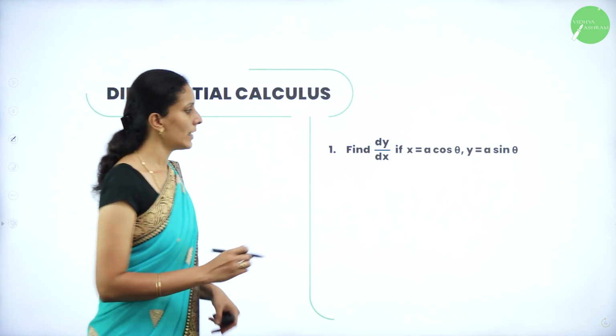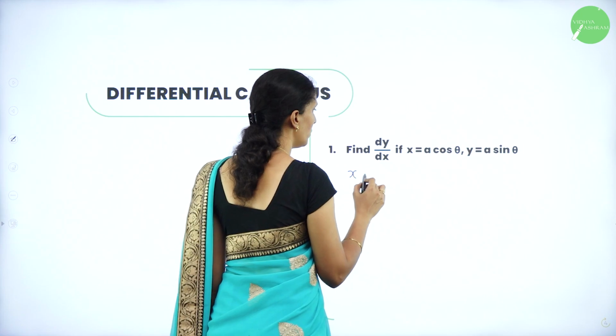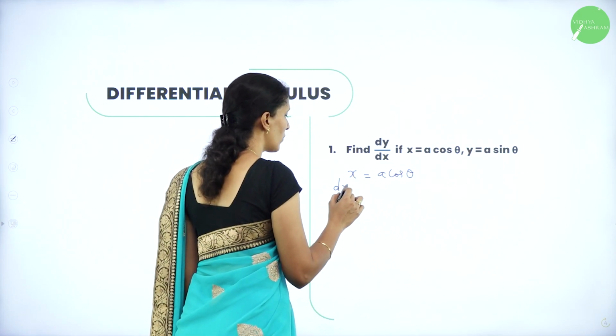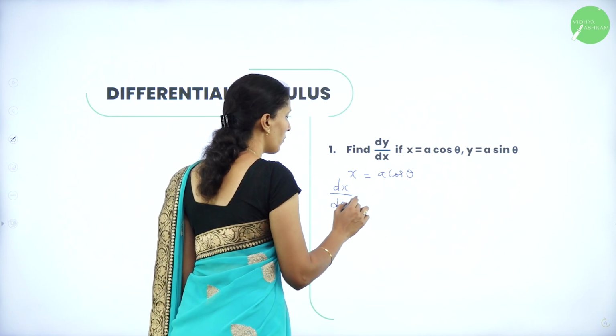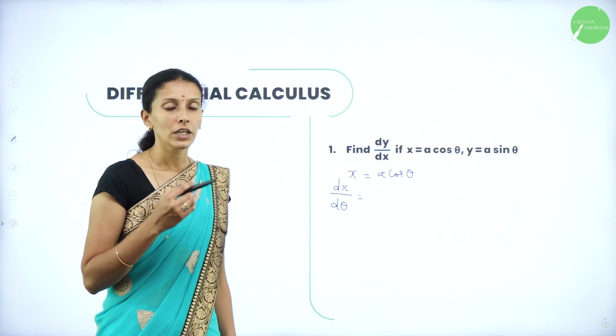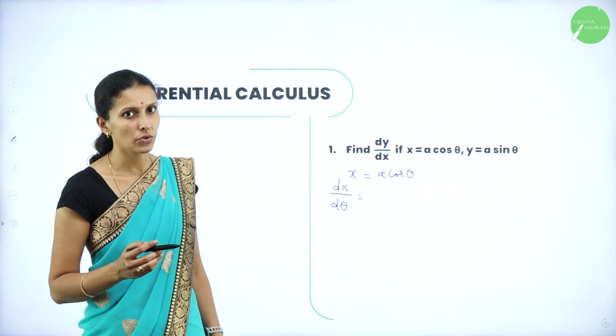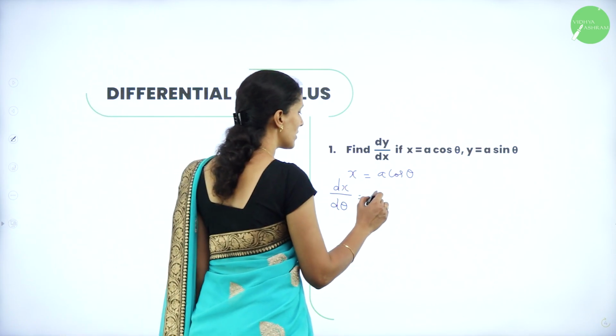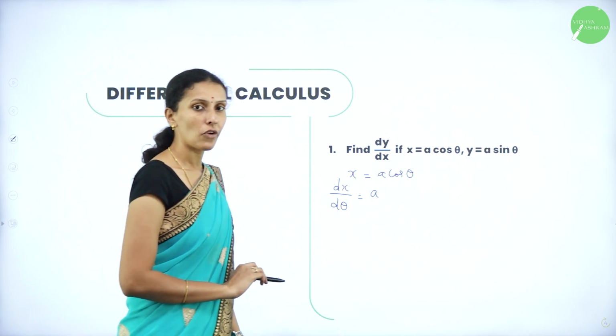So now let us take x is equal to a cos theta, differentiate x with respect to theta. So when you are differentiating x with respect to theta, whatever rule is applicable for x, the same rule is applicable for theta. Now a is a constant. What is the derivative of cos theta?